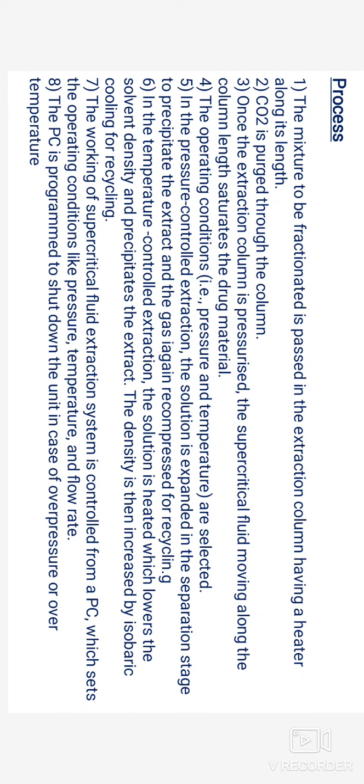In pressure controlled extraction, the solution is expanded in the separation stage to precipitate the extract, and the gas is again compressed for recycling. In temperature controlled extraction, the solution is heated, which lowers the solvent density and precipitates the extract. The density is then increased by isobaric cooling for recycling.